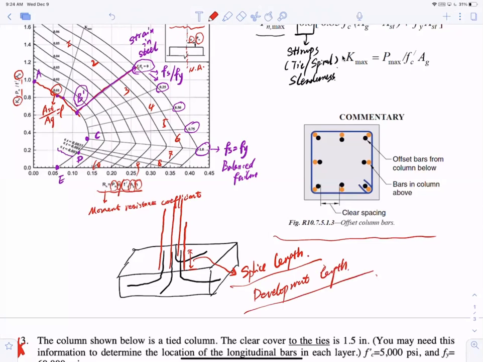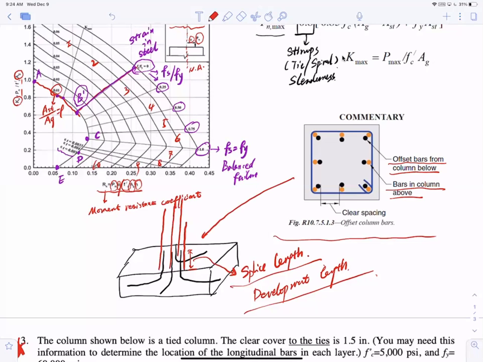This is not a bad thing, but the critical thing is how you place this reinforcement. Here it shows in the detail in the ACI code that you need to offset the bars. How to offset the bars? The black bars are the bars in the footing, so the footing bars stay inside, and the column bars stay outside, like the drawing here.